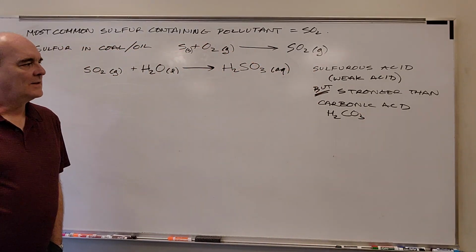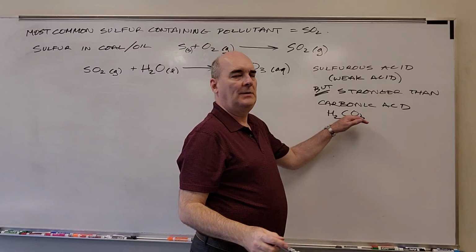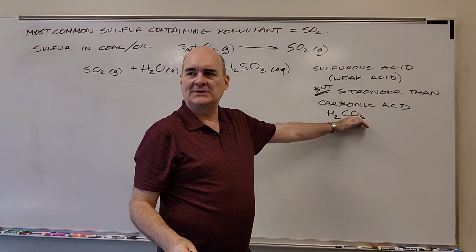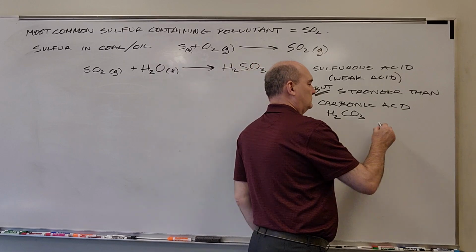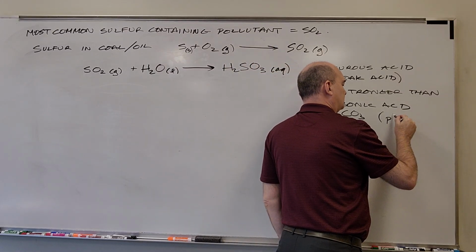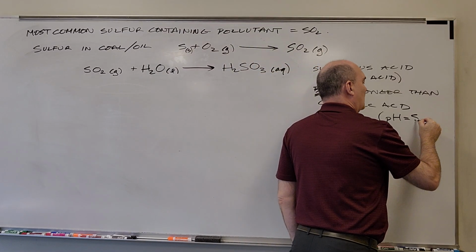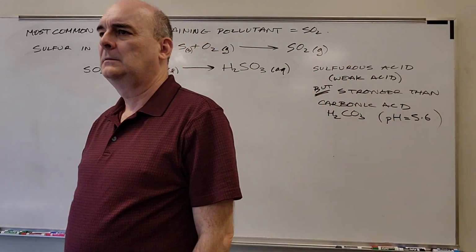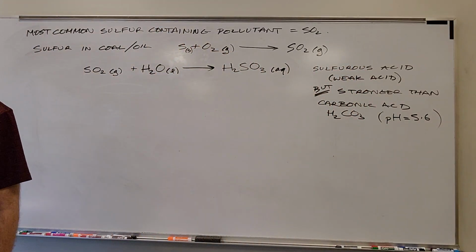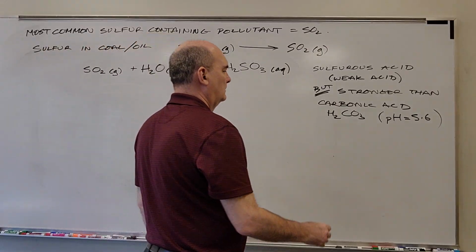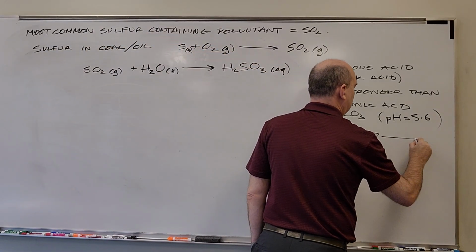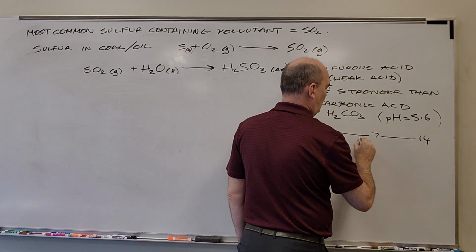And we said that the maximum pH that carbonic acid could deliver was about 5.5 on our pH scale. So here.